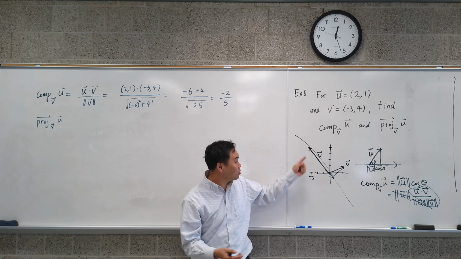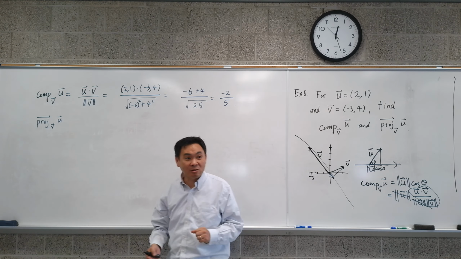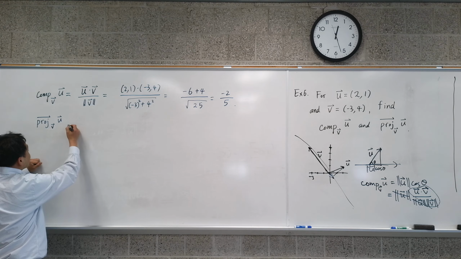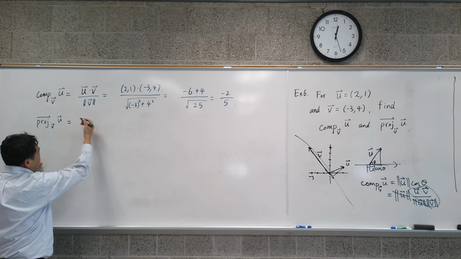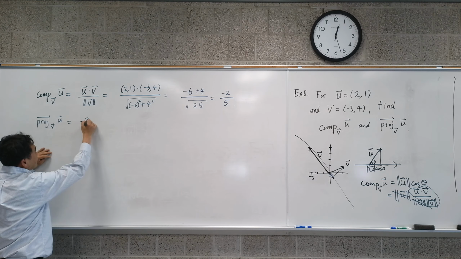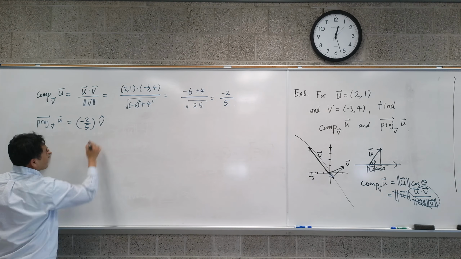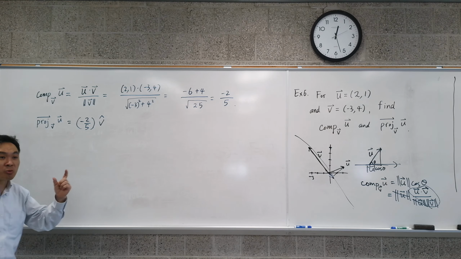You resize this to size 1 and just multiply this value that you want, and that's it, right? So the simple answer is this, it's -2/5 times v hat.